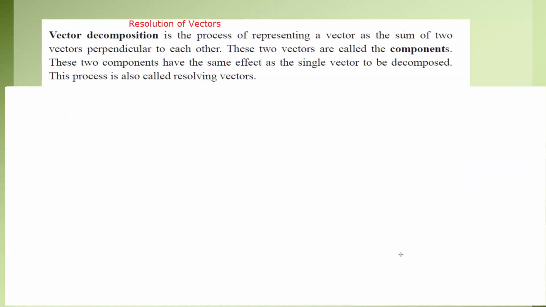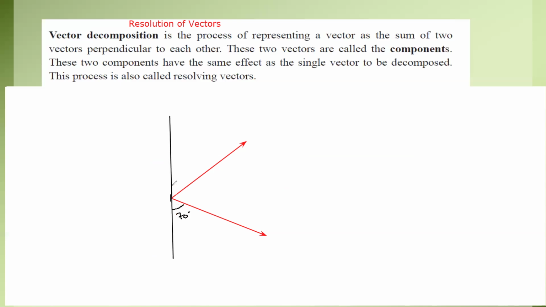For example, if I have two vectors which are acting, so this is an axis, and you have two vectors and their angles are given.